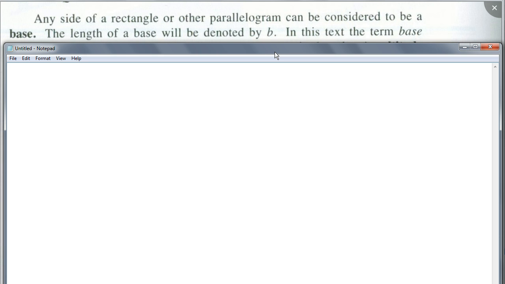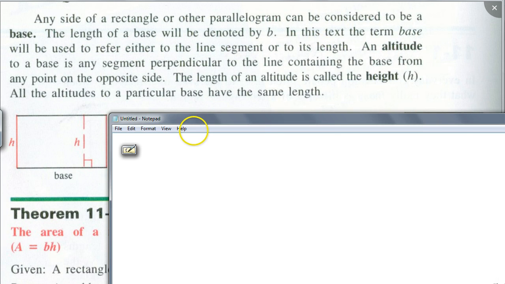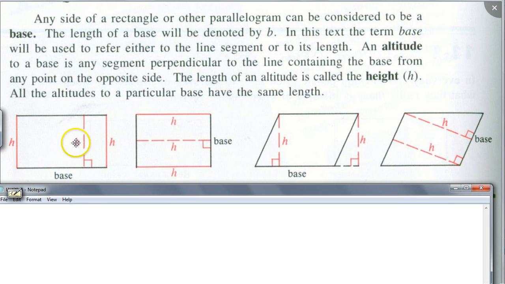Hint, hint. Sides. Yeah, any side. Turns out, if you have a rectangle or a parallelogram, any side could be a base. It doesn't have to be the one on the bottom, because you could always rotate them. I'll show you why. Look at this picture. You see this rectangle down here on the left? You could call this the base. This is what we're used to thinking of.